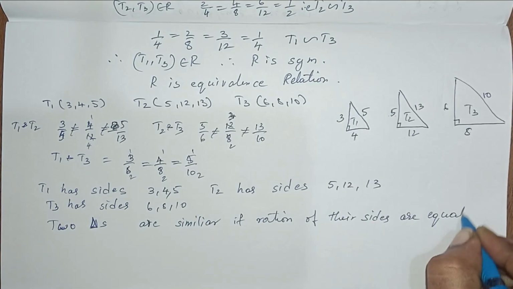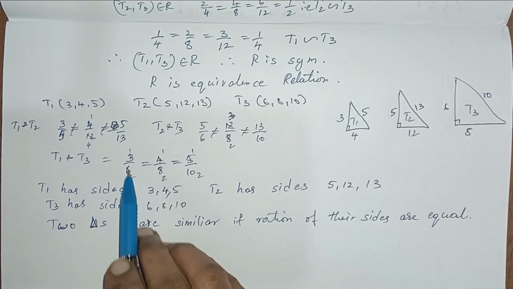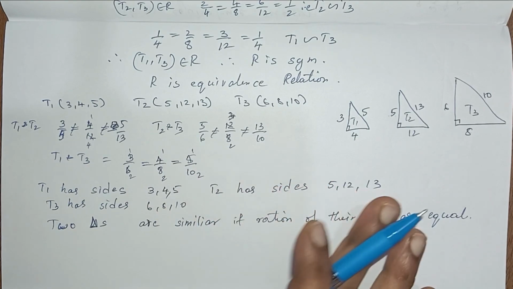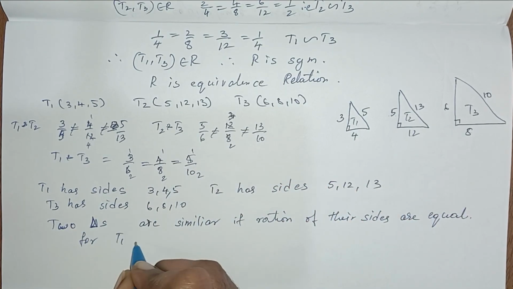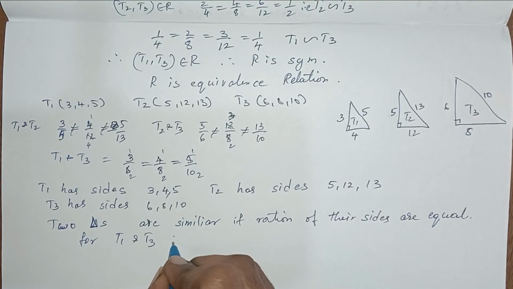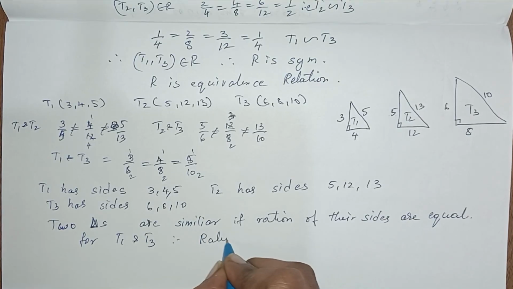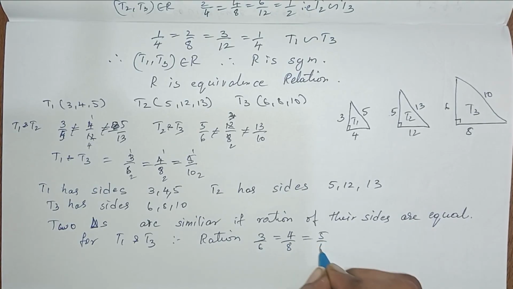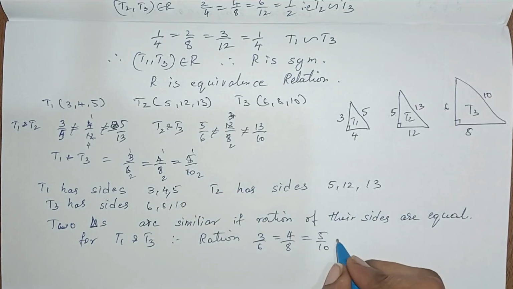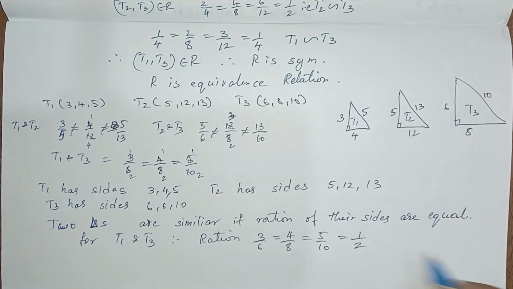So the ratios of their sides should be equal. See, you have seen 1 by 2, 1 by 2, it should be equal. So here T1 and T3 are in the ratio that is 3 by 6, 4 by 8 and 5 by 10, which are in the ratio of 1 by 2.